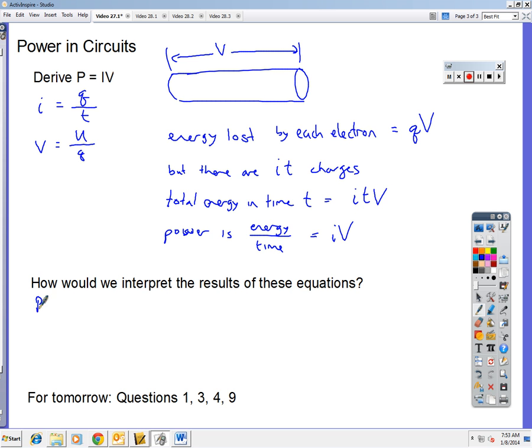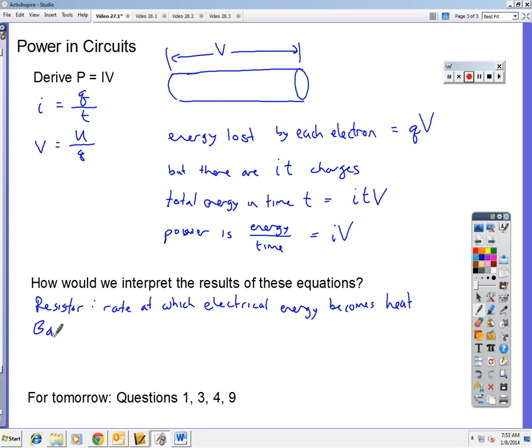Now if you've got a resistor, I times V is going to be the rate at which electrical energy becomes heat. Because what the resistor does is it takes the energy the electrons have and it turns it into heat. A resistor will heat up, not always perceptibly, but it always has some increase in temperature.